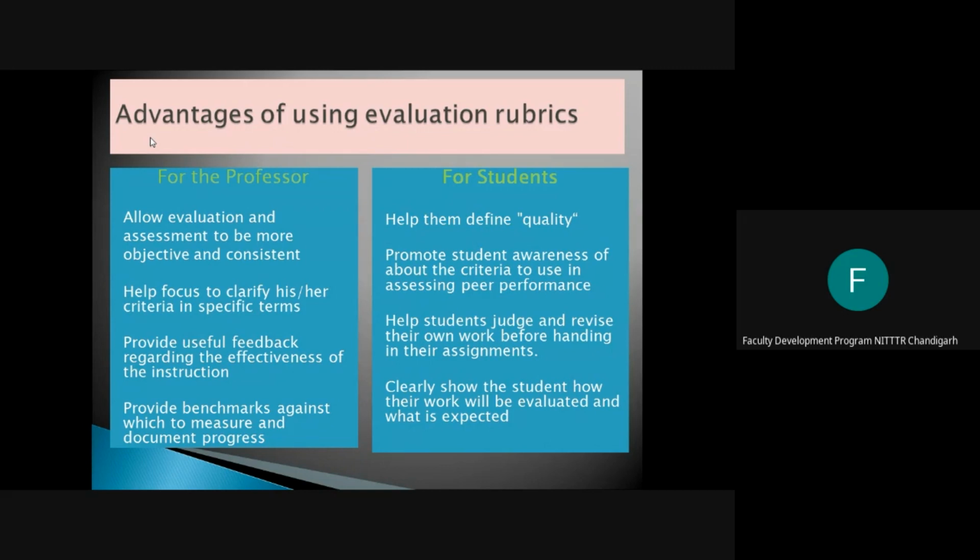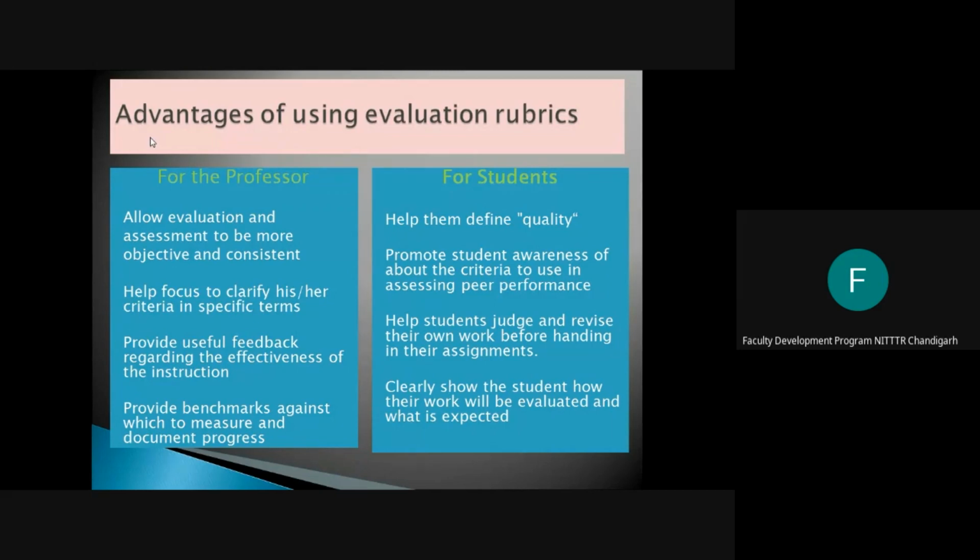The teacher knows, the student also knows, why the student has got an excellent grade, why the student has got poor or very good or good in a particular dimension. And the use of rubric helps the teacher to clarify the criteria. So criteria becomes very, very clear.